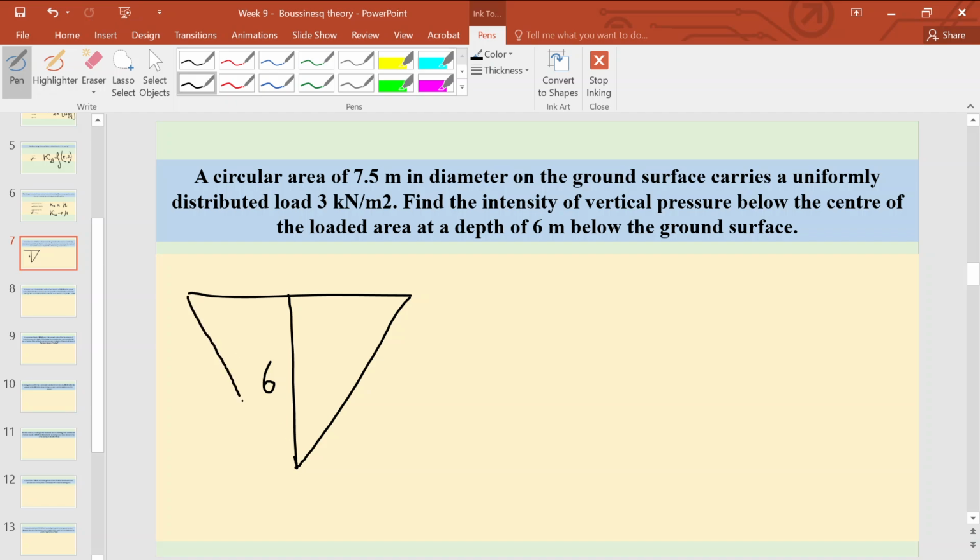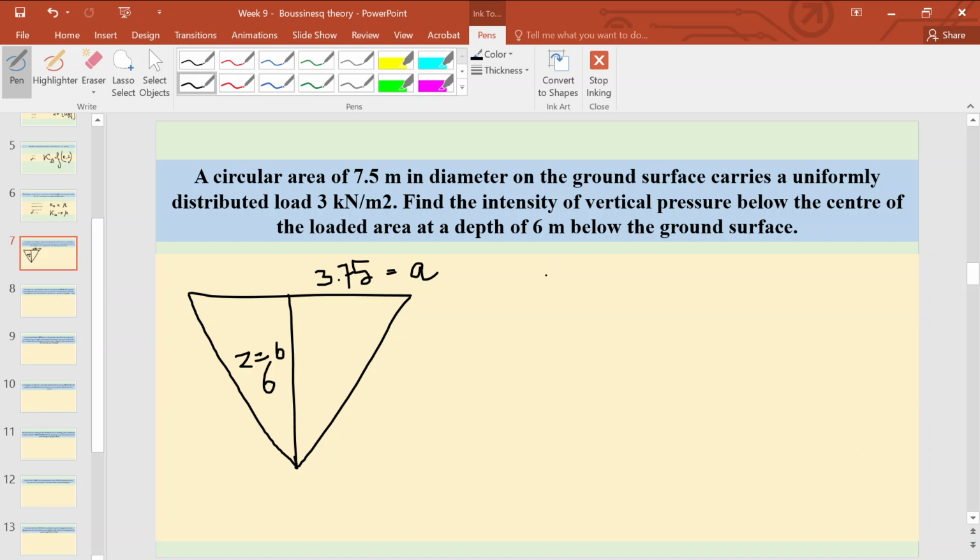I'll show one way here using the main formula, and the other in the next problem. If the diameter is 7.5, the radius is 3.75, and this is the value of a. z equals 6.